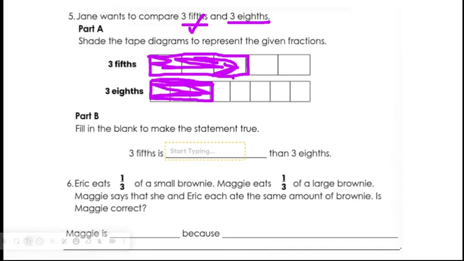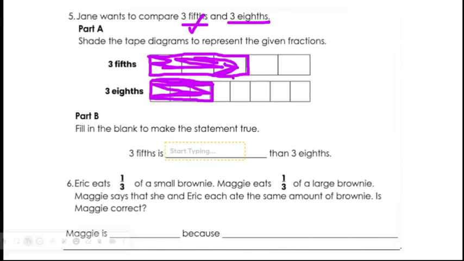Part B says, fill in the blank to make the statement true. It says 3/5 is blank 3/8, okay? So 3/5 is this one here. Is this that you shaded in greater than or less than this one that you shaded in down here?